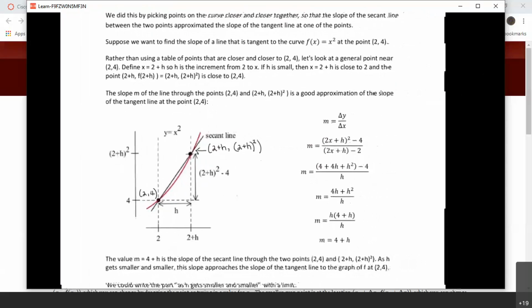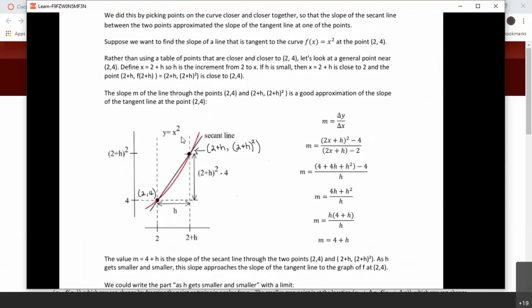The distances we're calculating are first between the x values. This distance is 2 plus h minus 2, which is just h. And this distance is the y value of this point, (2 plus h) squared, minus the y value of the other point, 4.